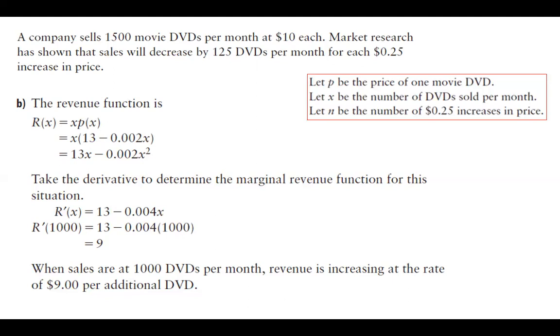So this means when sales are at 1,000 DVDs per month, revenue is increasing at the rate of $9 per additional DVD. Any questions? No? Okay, then let's see question 3.